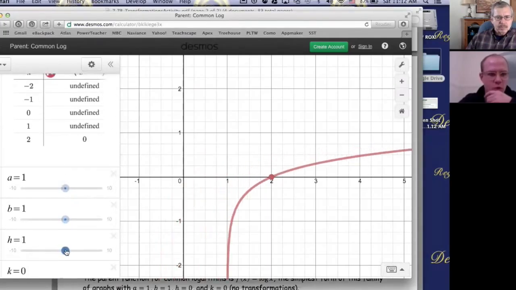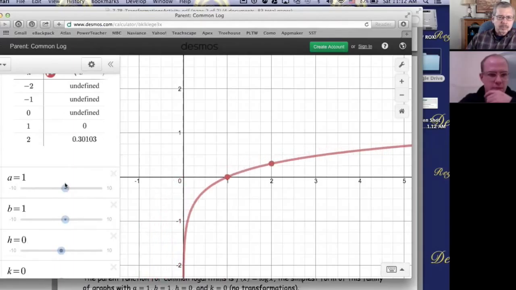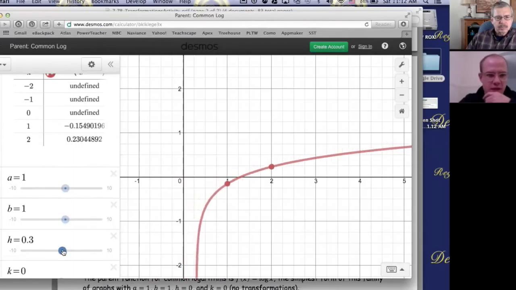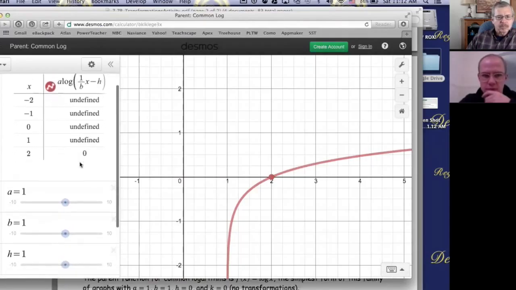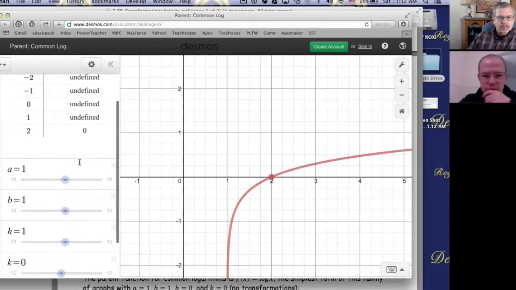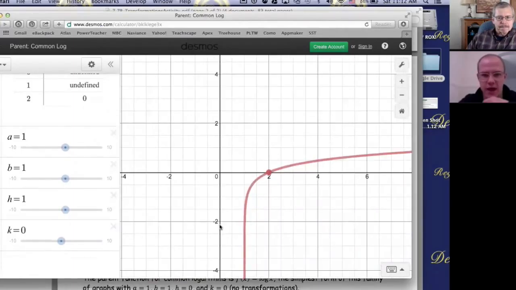If I add 1 for the h, we're starting at, say, 0.3 for the 2, and now 3 for the 2. It moved horizontally to the right by 1. So I could see that here on the graph.